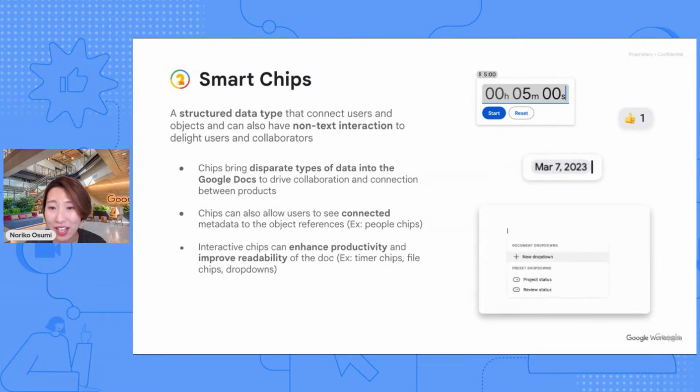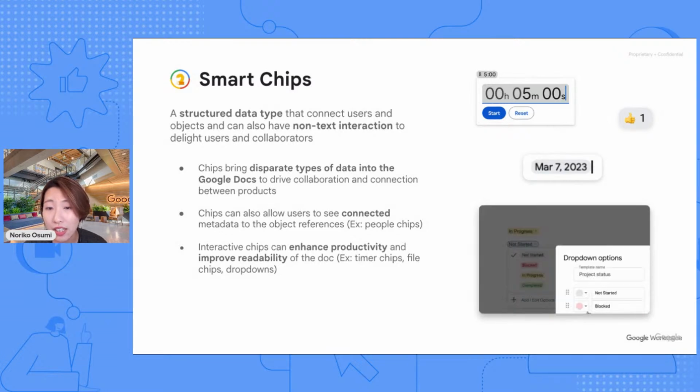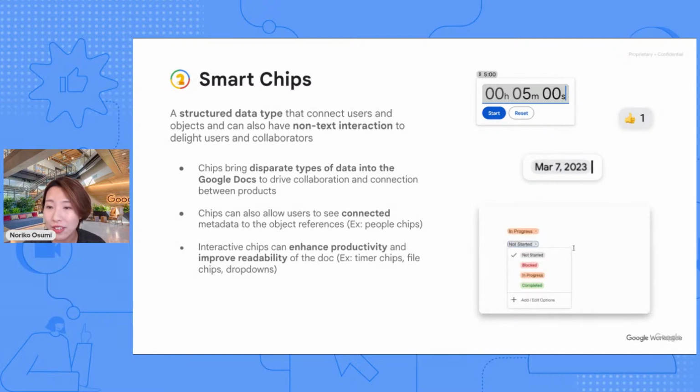You can start to trigger different things for users to do to help you collaborate. And I would say at the end of the day, you can also delight your users with things like voting chips, which I'll explain later on as well.